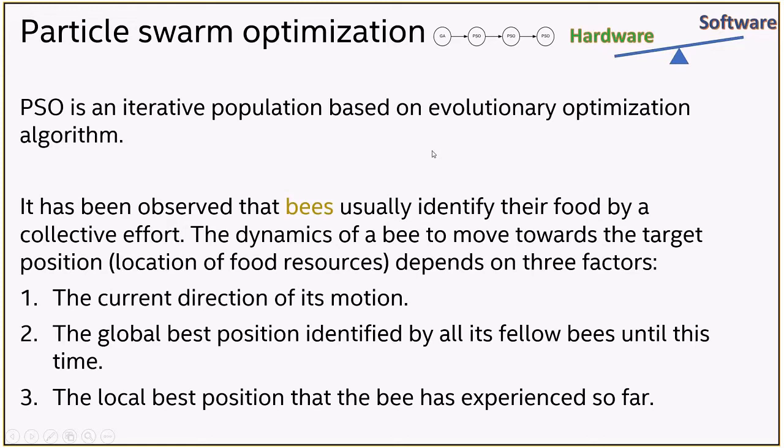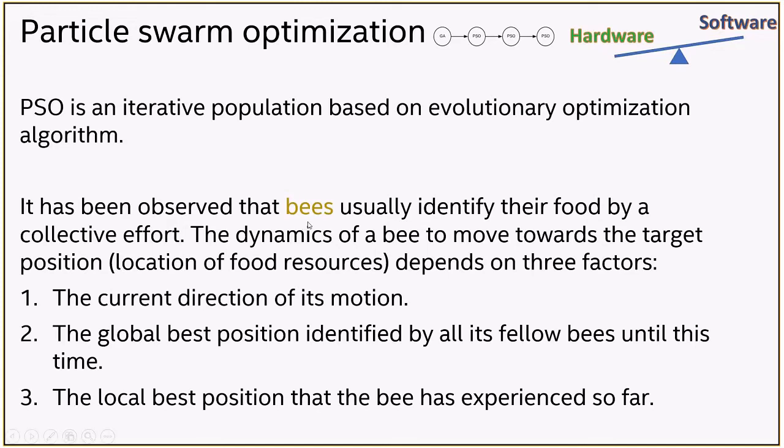Next one is particle swarm optimization. It is an evolutionary optimization algorithm traditionally used with bees. For example, there are bees and they have to cover a lot of flowers for collection of honey or food. It is very similar to the traveling salesman problem, where a salesman has to cover a lot of cities in less time and less distance.